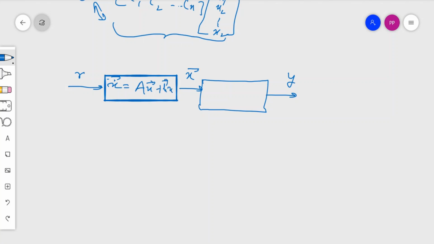So this is the system from where I am getting x, and so this is naturally n state variables and y equal to C transpose of a vector, so you are representing a vector Cx plus Dr.